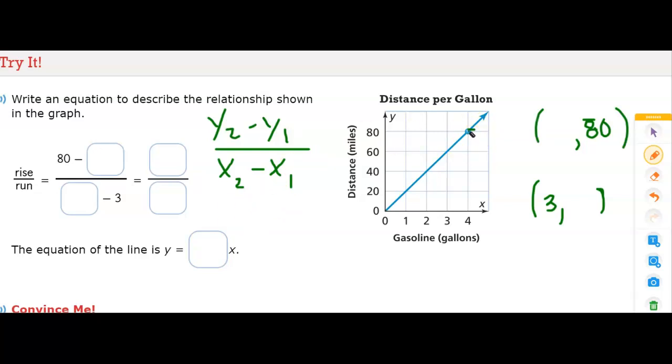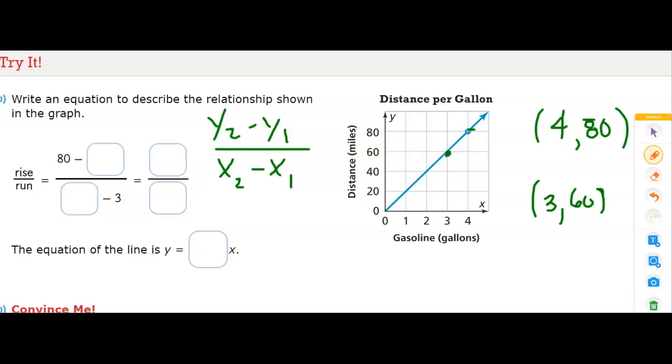If we look here at 80, that is our y value for this point, and our x value is 4. So that's going to go here. And then the 3 represents the x value of the first point, and then our y will be represented by 60. Okay, and let me put a point there.